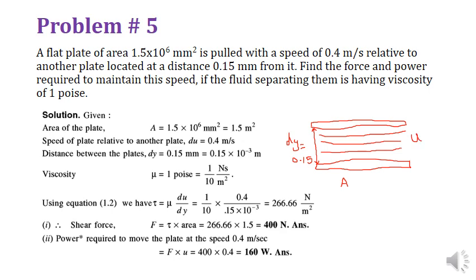And what is the input data for this fluid? That is the viscosity. This viscosity is given, that is 1 twice. Okay, so one plate with a certain cross-sectional area is movable.